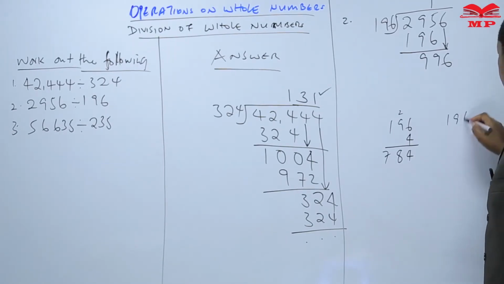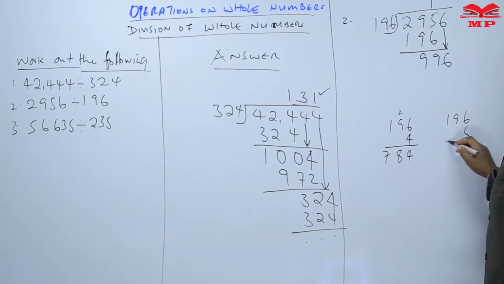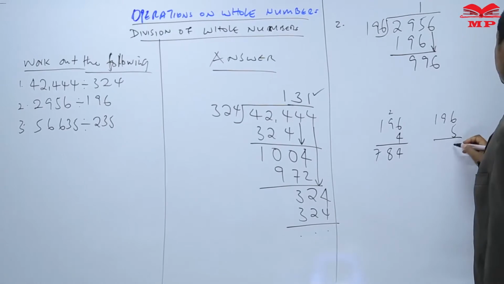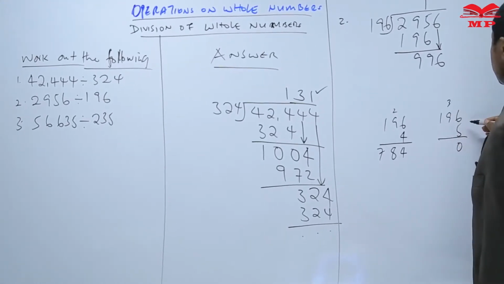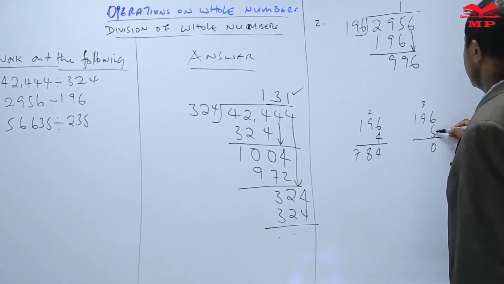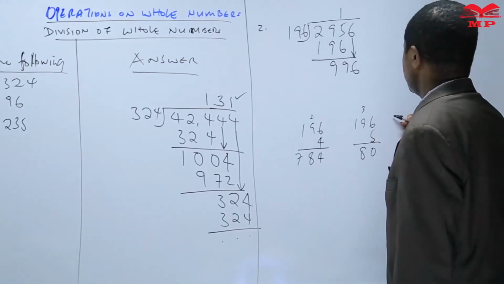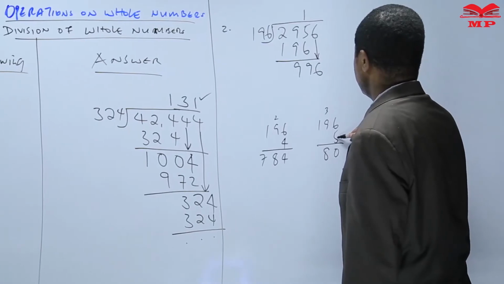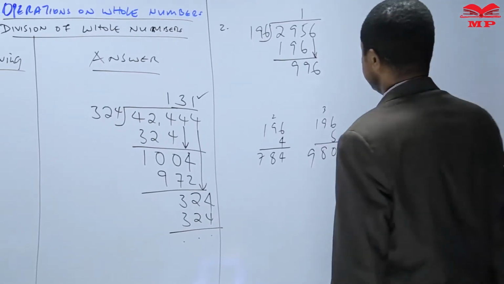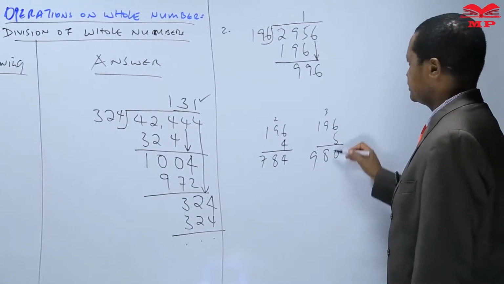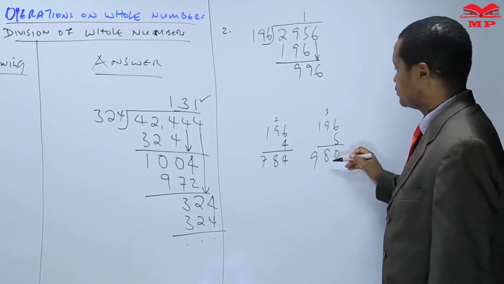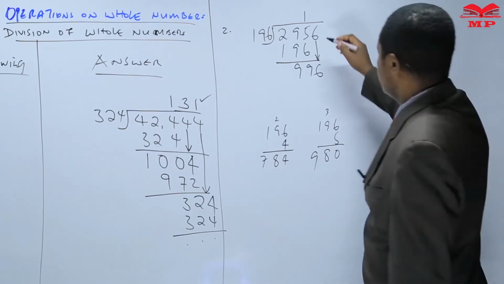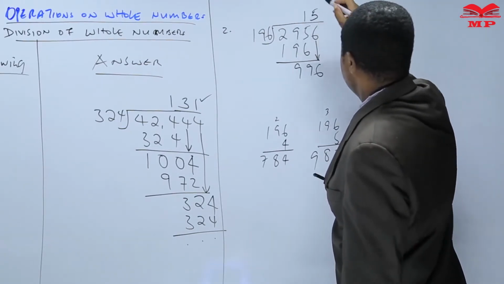So let's try 196 times 5. 5 times 6, 30, write 0, carry 3. 9 times 5, 45 plus 3, 48, write 8, carry 4. Then 1 times 5, 5 plus 4, 9. This is close to 996. So the answer is 5.